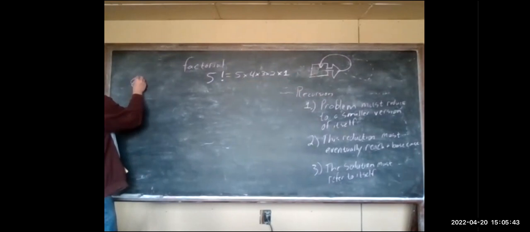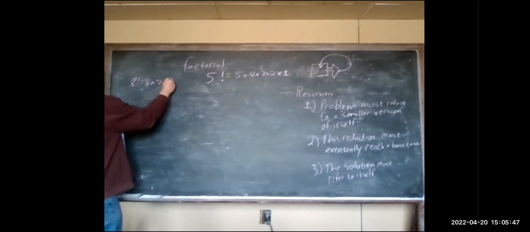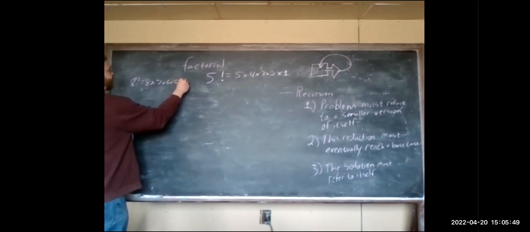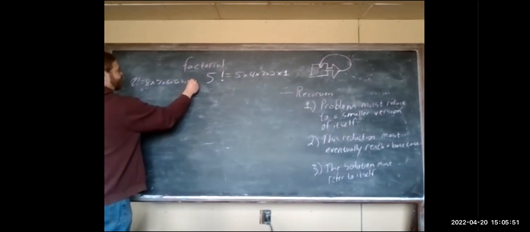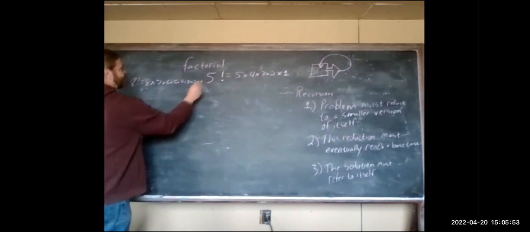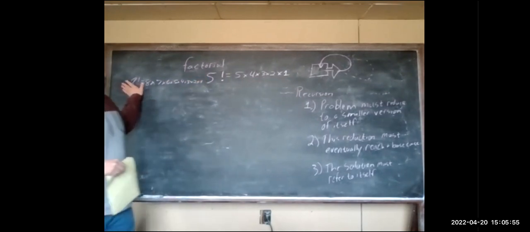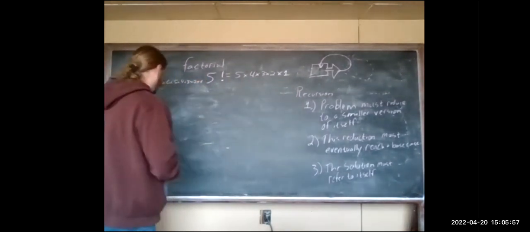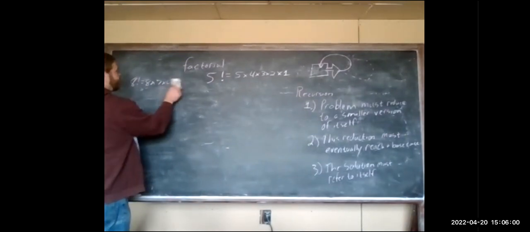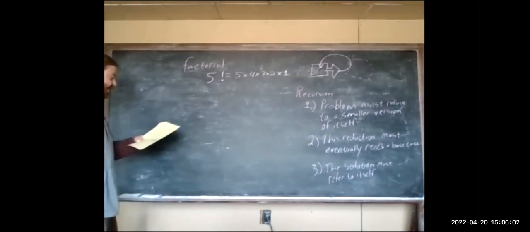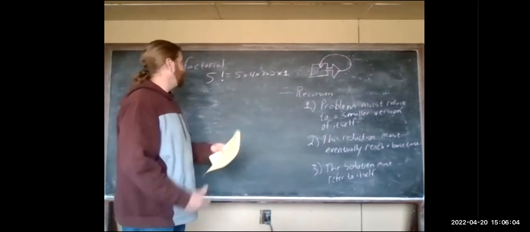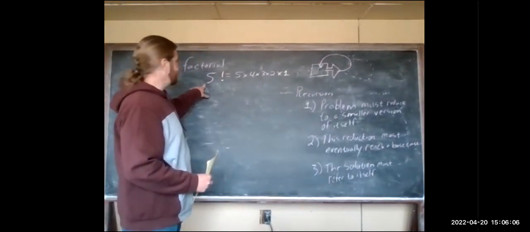Or 8 factorial: 8 times 7 times 6 times 5 times 4 times 3 times 2 times 1. So the number multiplied by every number smaller than that. I'll write the generic version of that here in just a moment, because this is a problem.